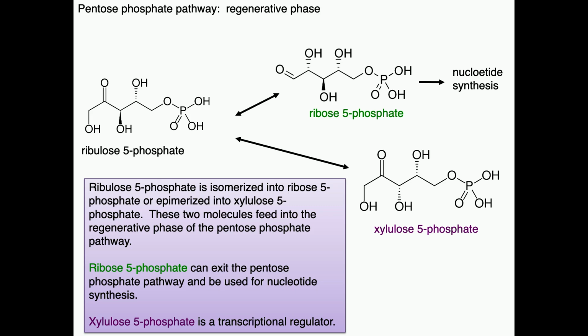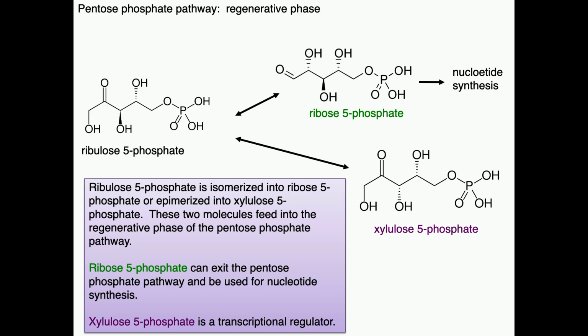So the ribulose 5-phosphate can be isomerized to the ribose 5-phosphate, or it can be epimerized, I think that's the right reaction, into xylulose 5-phosphate. Xylulose 5-phosphate has an important role as a transcriptional regulator.